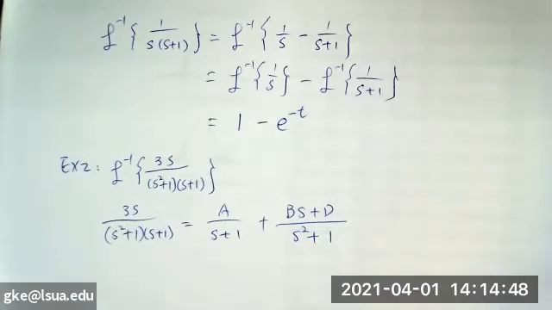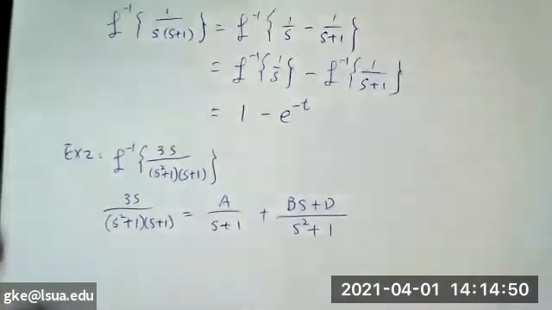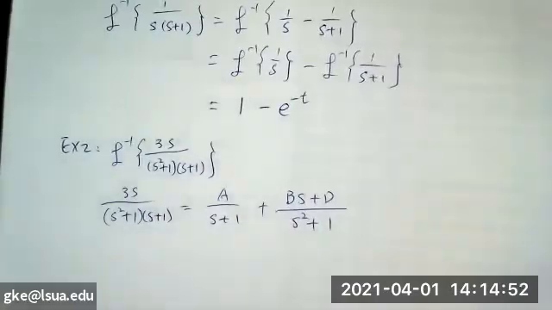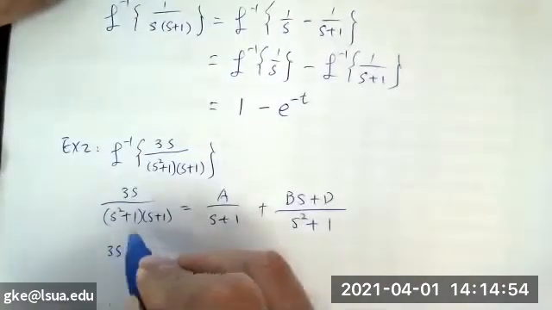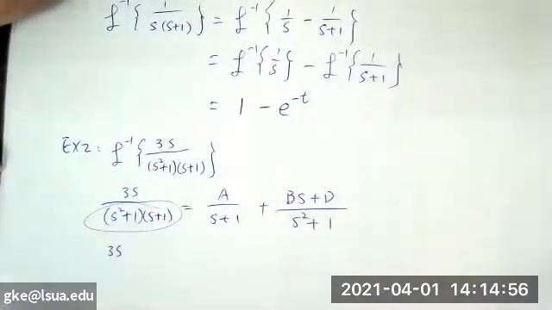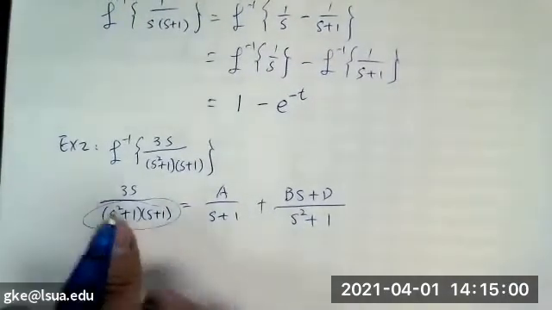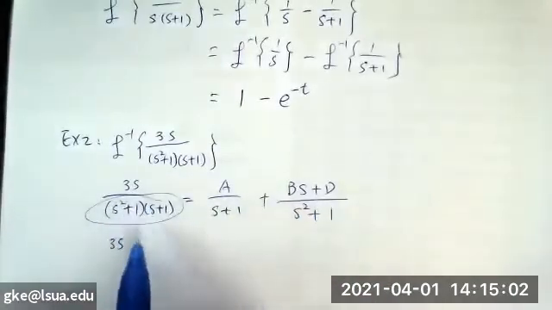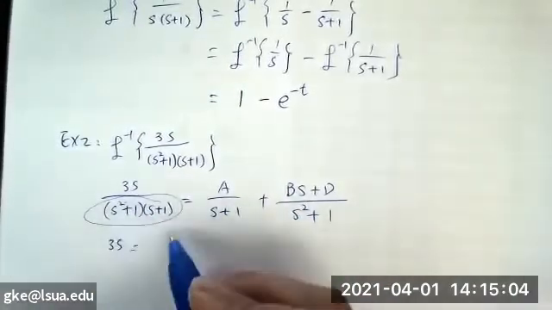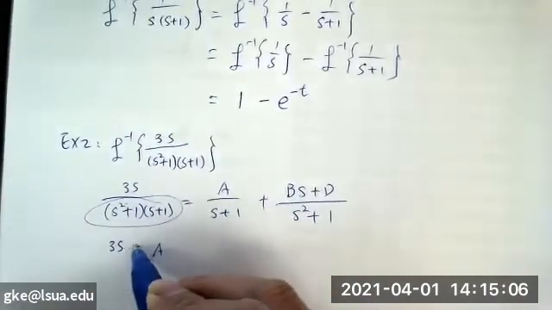Okay, let me write down the answer on the board. So let's take a look. We multiply these terms together on both sides, right? We cancel out this denominator.